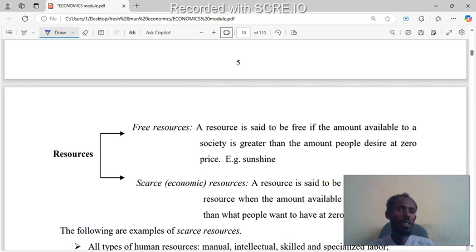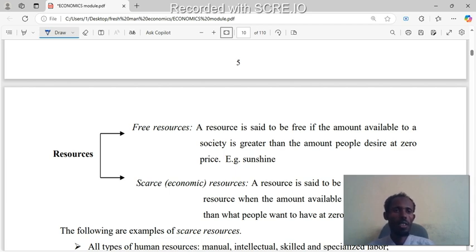Everybody wants fertile land at zero price. This fertile land is not balanced with the human want at zero price. So such a resource is a scarce resource.